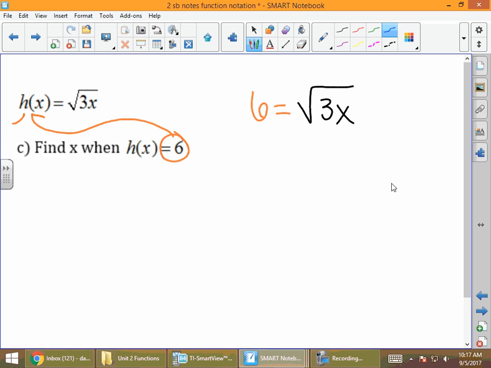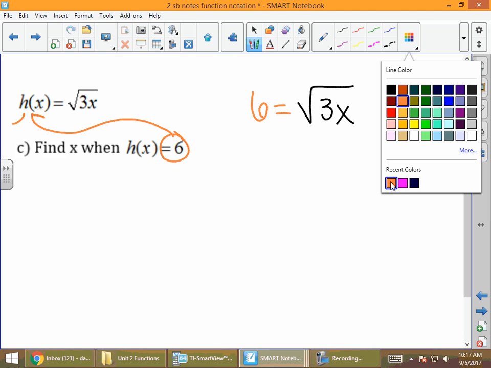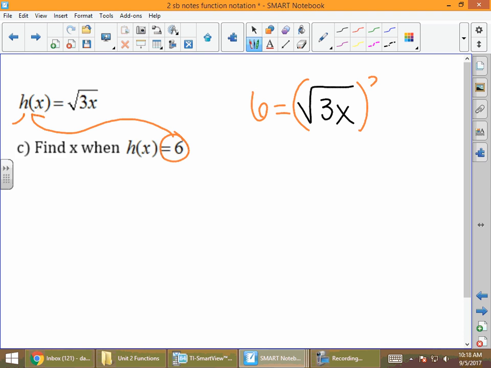And in order to solve this equation, it's kind of the reverse of what we did on the last problem. What we can do to get rid of the square root is we can do its inverse operation, which is to square right there. And if we square the right side of the equation, then we're going to square the left side of the equation. Square rooting and squaring cancel each other out.